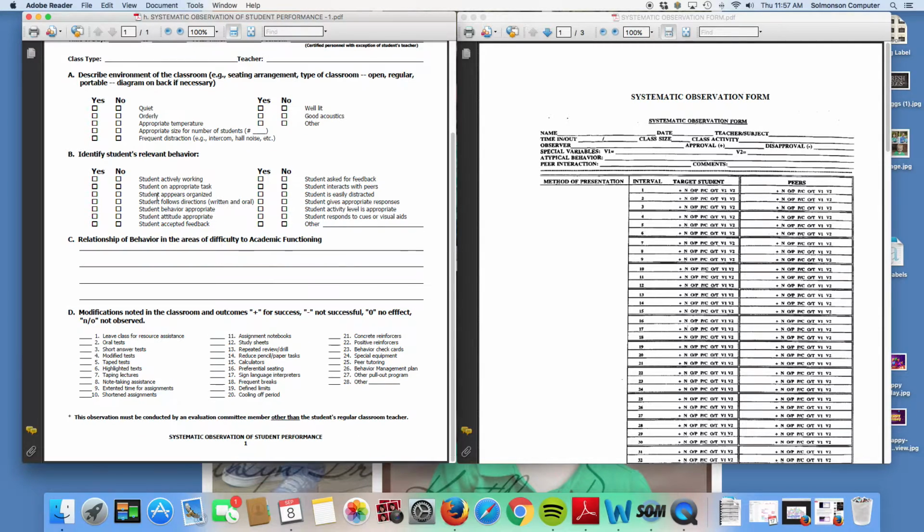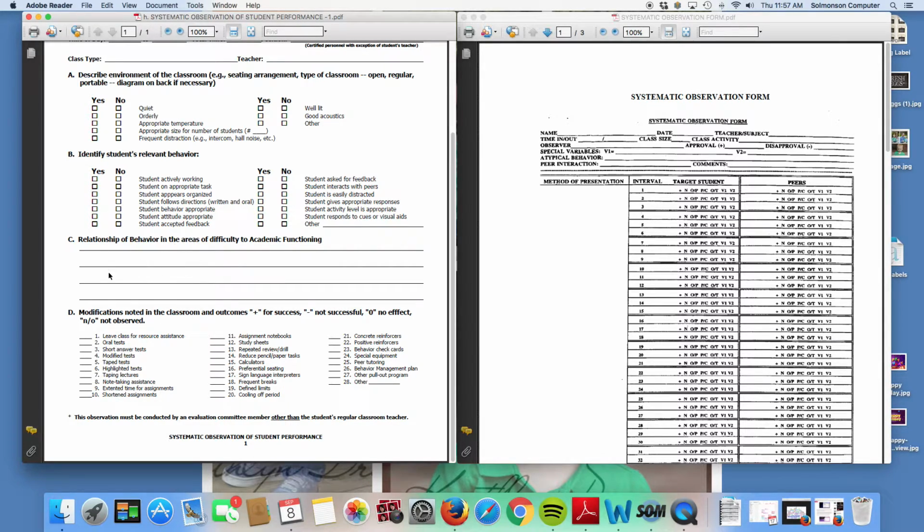Anything else you notice? Then you identify the student that you're evaluating, and their behavior. So let's say the student was not actively working, appeared unorganized, and was behaving inappropriately.